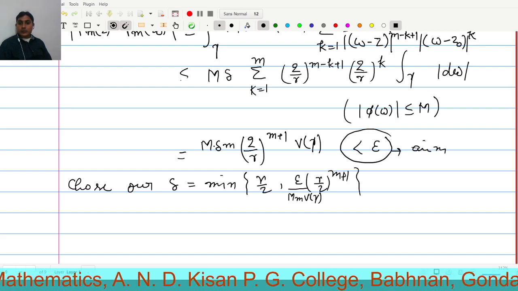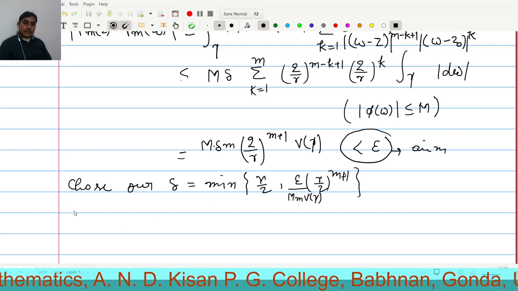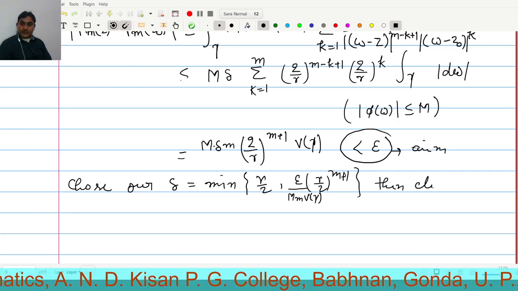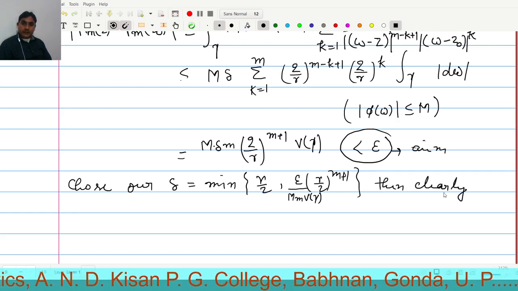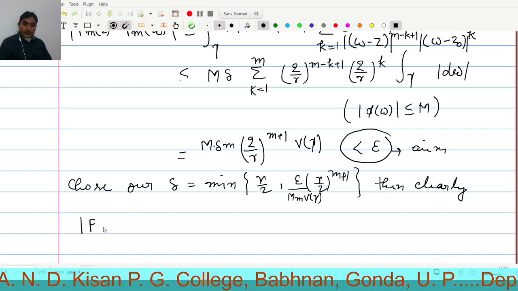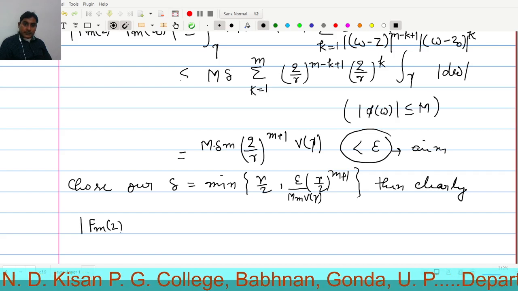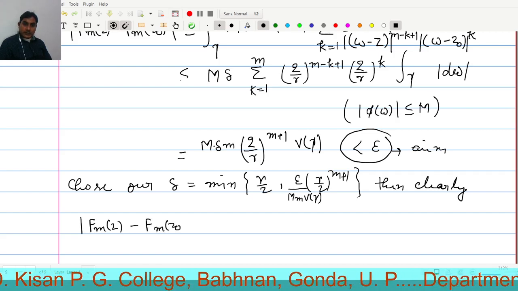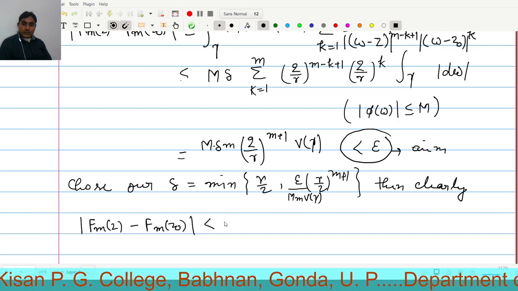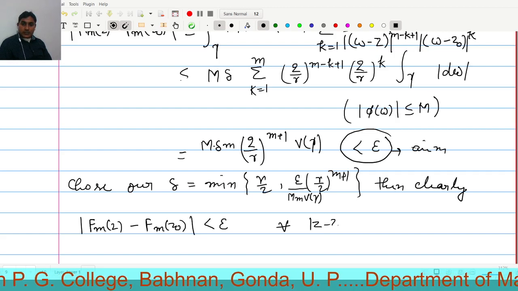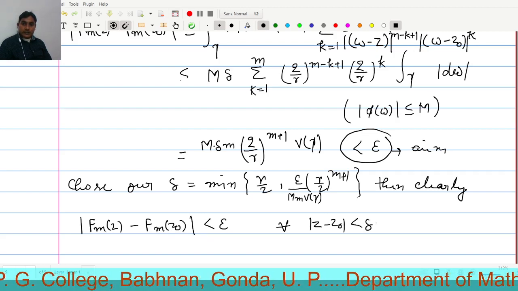So if you choose our delta so that, then clearly mod of f_m(z) minus f_m(z₀) becomes less than epsilon for all mod z minus z₀ is less than delta.